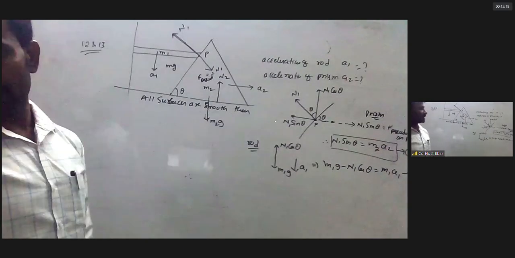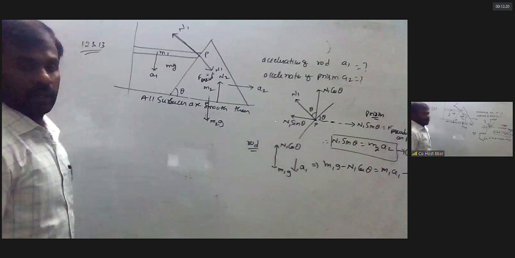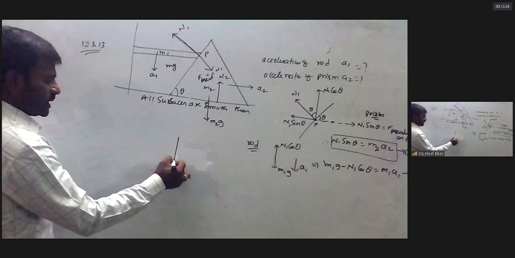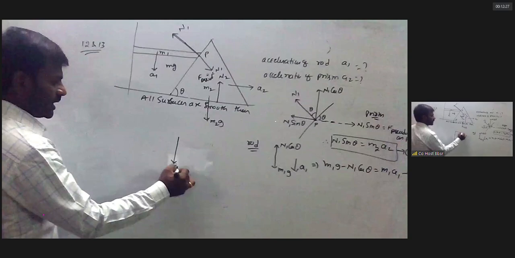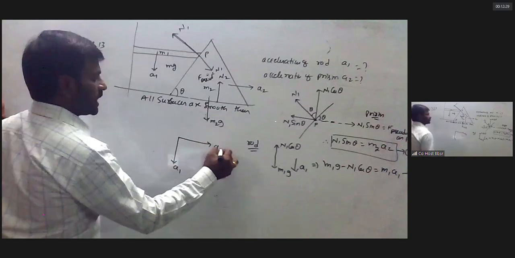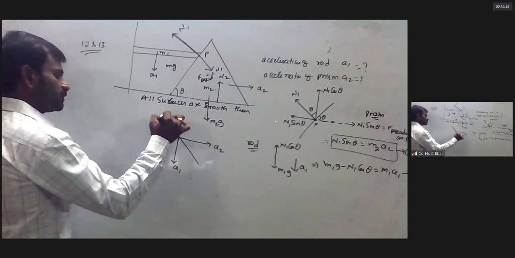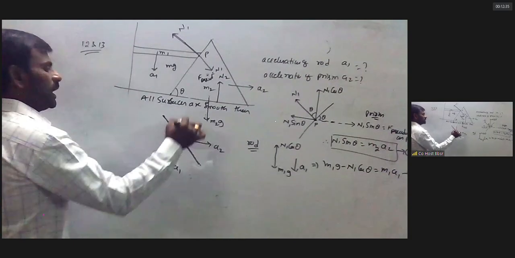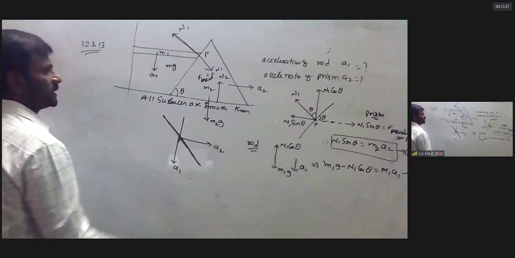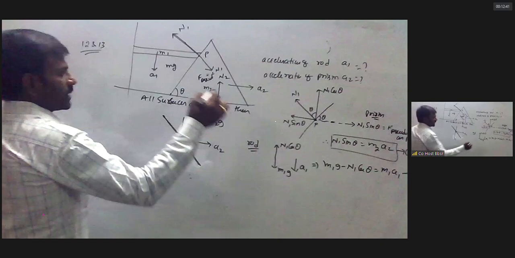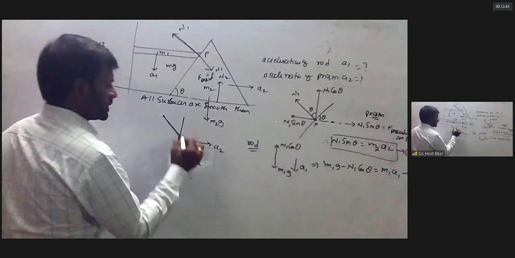And one more you see. Acceleration directed downward, this is A1. This is A2. And now you can see here the points, components. Which component should be what here? So this is theta.